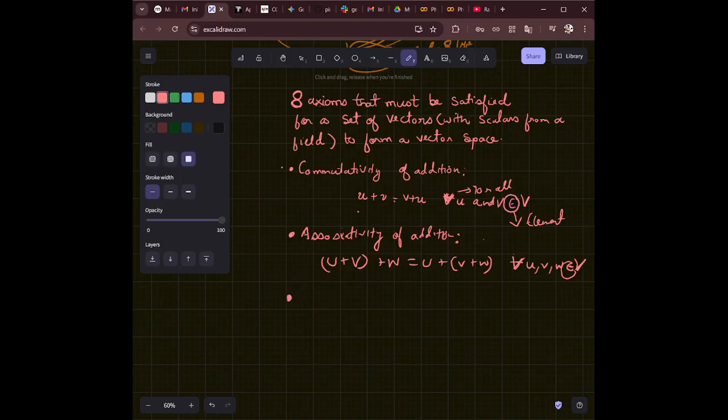Now the third is existence of additive identity.